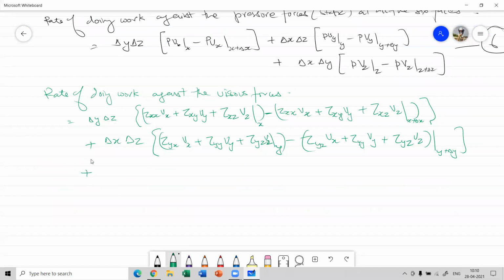And then we have the next one in the z direction. So delta x into delta y.